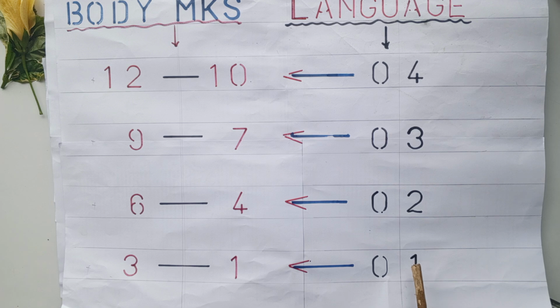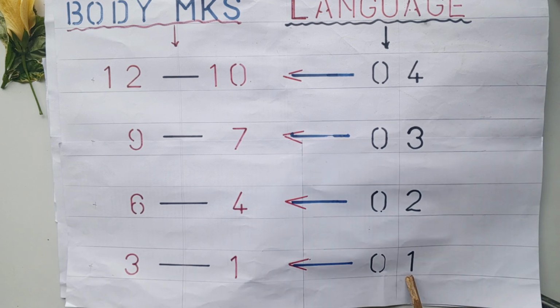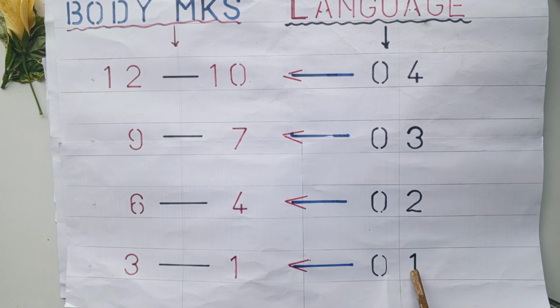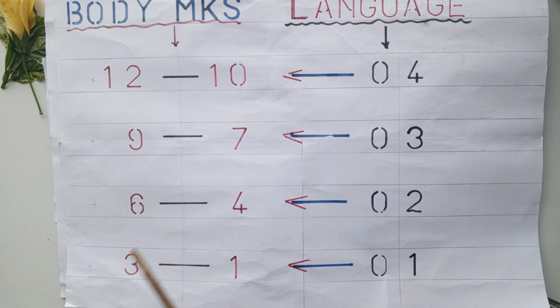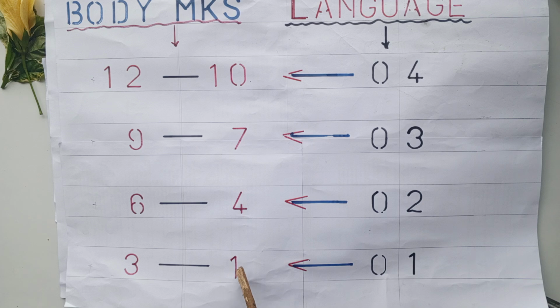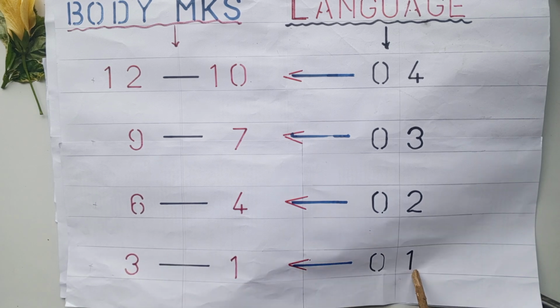The lowest score in language, this is a D. It could get you 1 mark. Why will you get 1 mark? If the 4 paragraphs in the body give you 1 mark, and you are weak in communication, language-wise, you will score 1 mark. If you get between 1, 2, and 3, you will still get 1 mark.